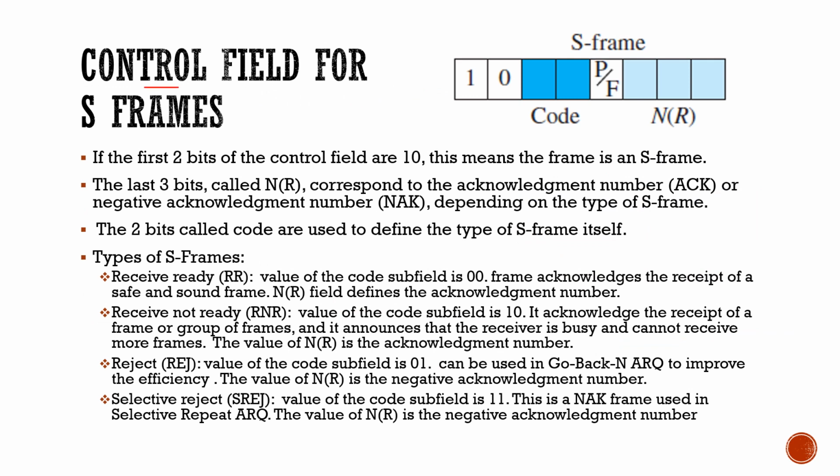So next we are going to see the control field for S frames. If the first two bits are 1 and 0, then the control field is for S frames.